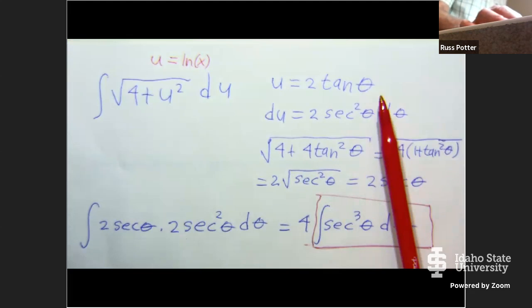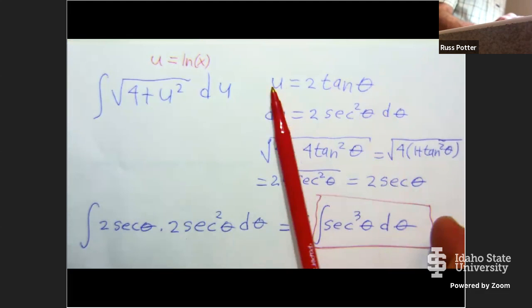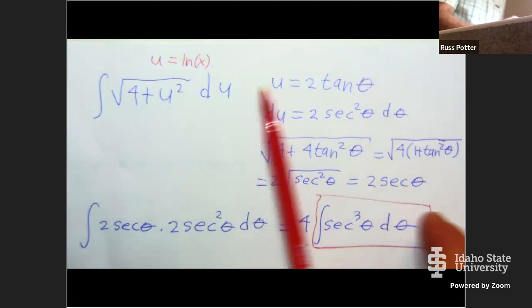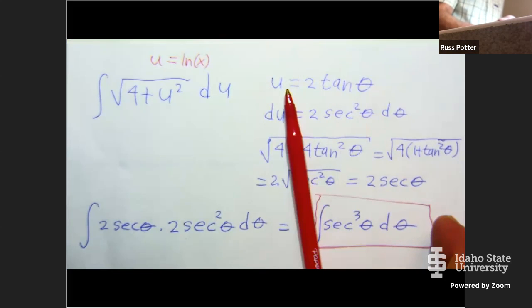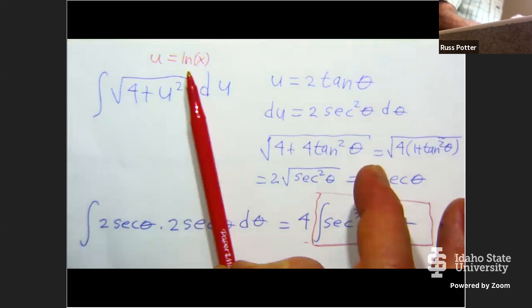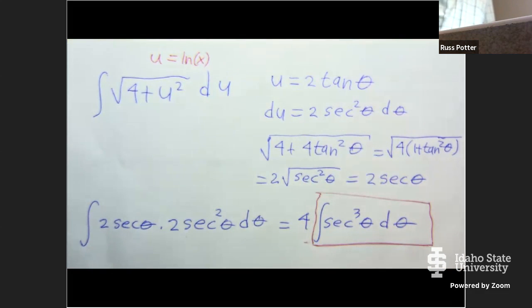Then you would write it in terms of u, because that was our intermediate substitution. And then lastly, replace u with the natural log of x. So I'll look at this and at least tell you if everything works out the way it should tomorrow.